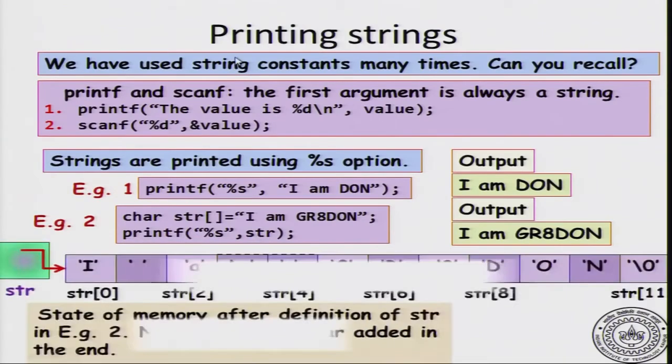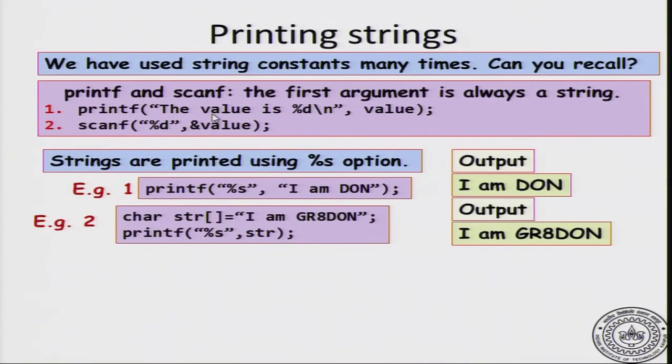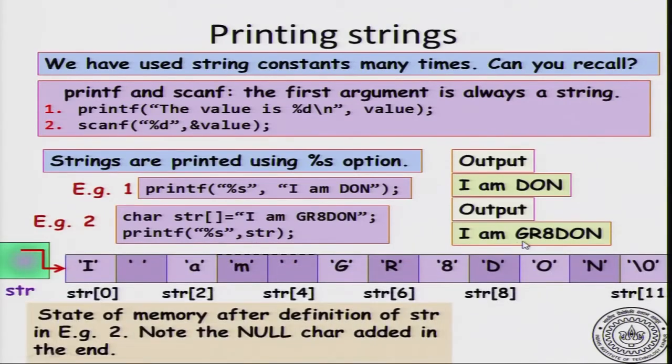Will this work? The answer is yes, it will work, because C will consider this as a string constant, and it will print it using %s, and you will get the correct output.